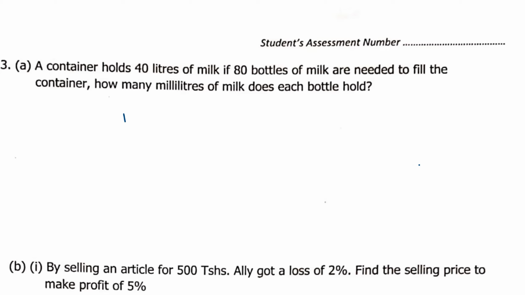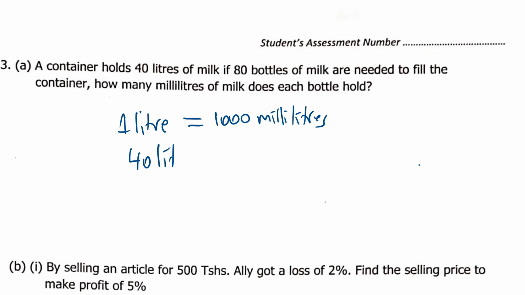So we know that 1 liter equals 1,000 milliliters. Okay, so having 40 liters, this is actually equivalent to 40,000 milliliters.